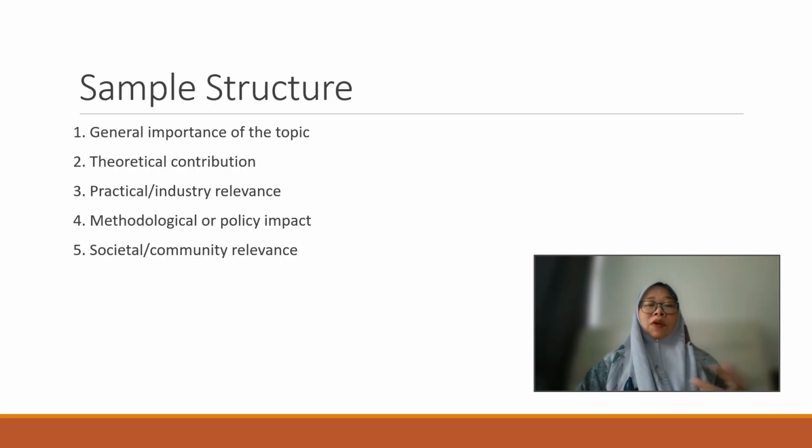In the context of highlighting the practical aspect, it could be in the form of how organizations or individuals can apply your findings. From there, mention the methodological improvement that your study can offer, if there is any. And finally, you may conclude by identifying the benefit that society and specific communities can gain.